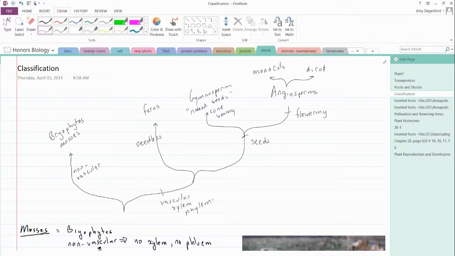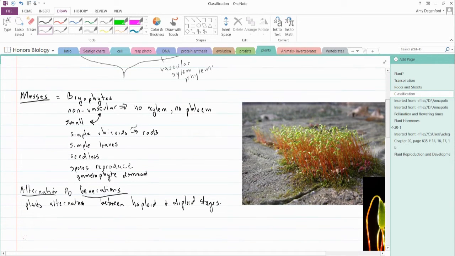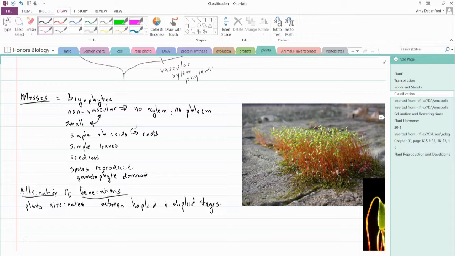Those would be dicots. Now, if we scooch down for a second, we have mosses. They are, again, non-vascular, no xylem, no phloem. They end up having to be very small, and that's related to the fact that they are non-vascular. They don't really have a system for transporting water any great distances, and that really does limit where they live.